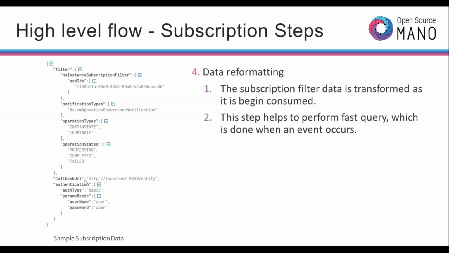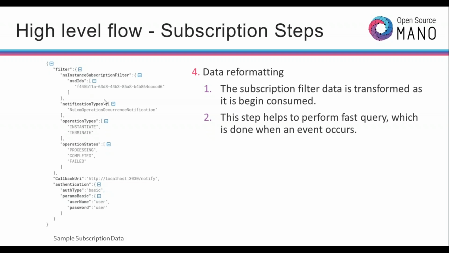So on the left-hand side, we'll be able to see the filters, and we have a callback URI, and we have authentication details. In case authentication is none, then this block will be empty. In the filter section, here is where I was saying we can have a lot of configurations done. We can specify a wide variety of combinations through which the subscriber can select the event in which he is interested.